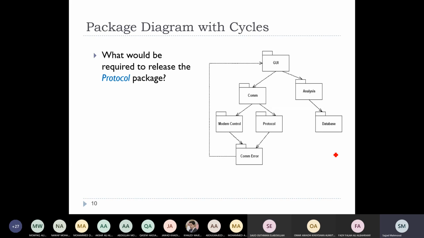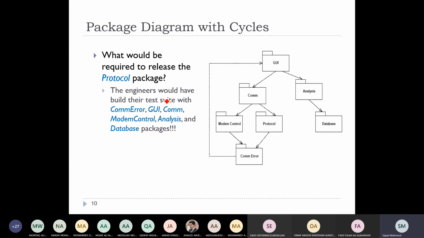So the whole idea we're trying to do here is to say that let's not have cycles in our dependencies, which is very obvious from this case. Since there is a cycle here, you as a software engineer would have to build and test, so if you release here, you will have to check common error, GUI, communication, motor control, analysis, database, pretty much everything.